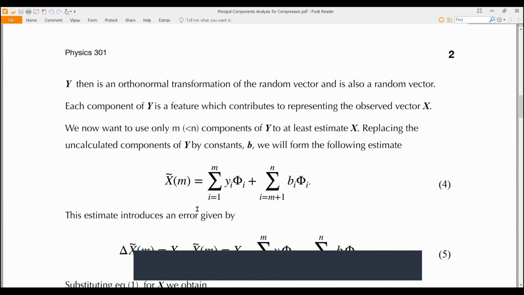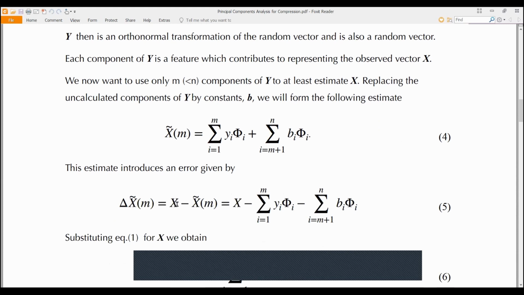this estimate, essentially, parang ito lang gagamitin natin, no? But meron pang parts dito, right? So this estimate introduces an error given by x minus this x tilde of m. Okay? And that is just substituting equation 4 over here.